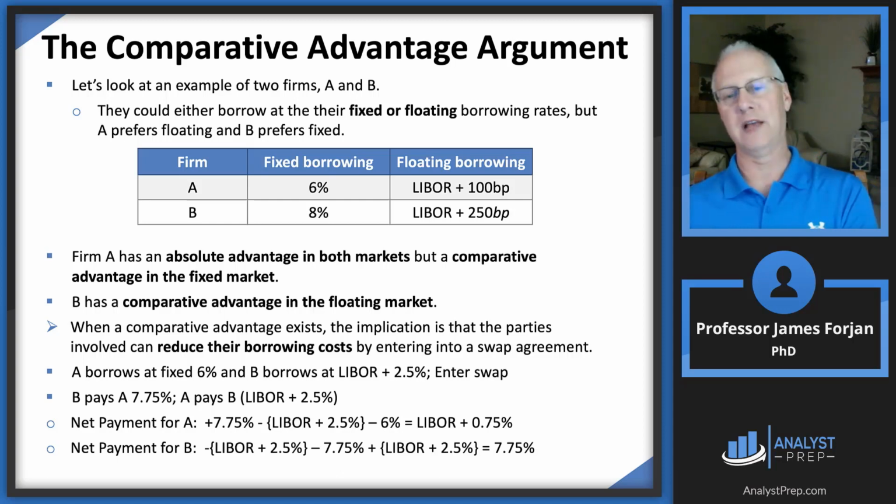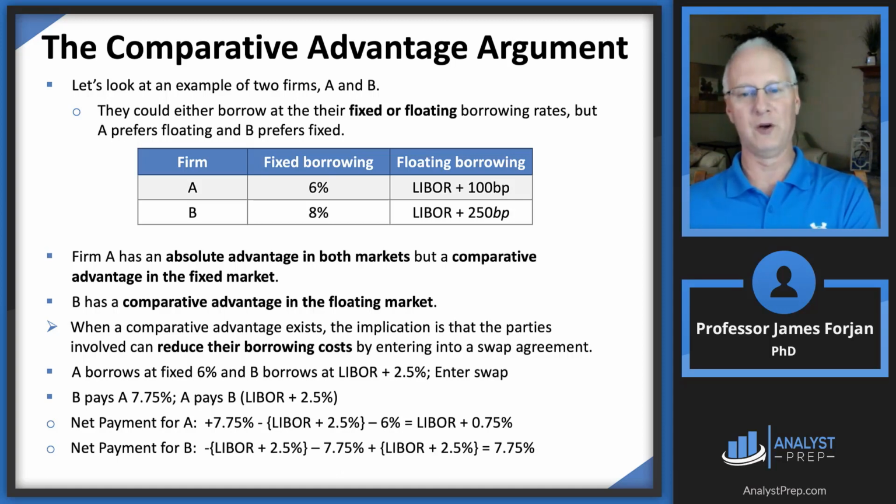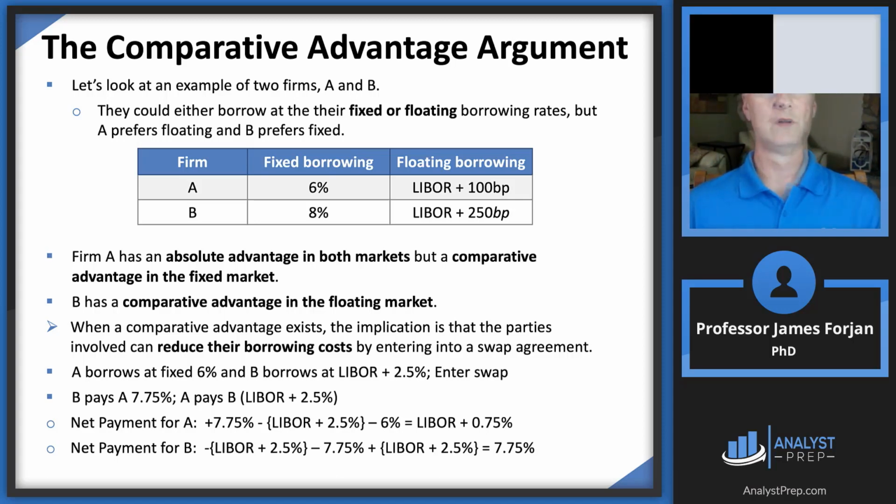Now it only has to pay 7.75%. A gets to pay in its preferred floating rate market, but instead of having to pay LIBOR plus 1%, it only has to pay LIBOR plus 0.75%. So notice that there's a 25 basis points advantage going to both A and B. Now you tell me that's not cool.